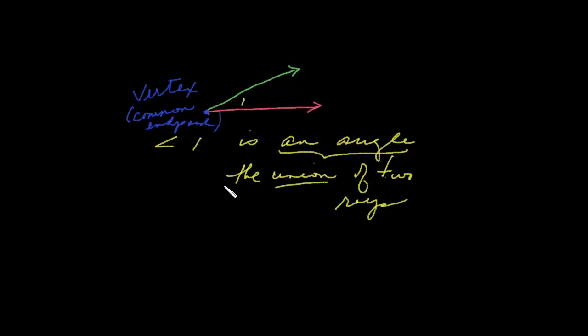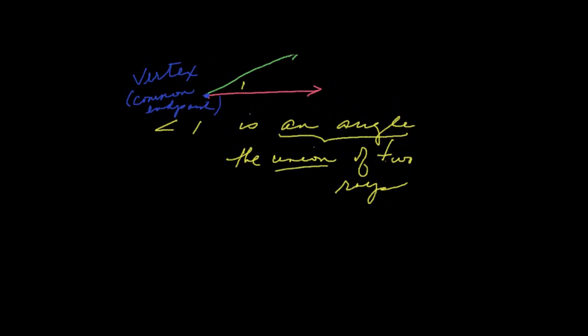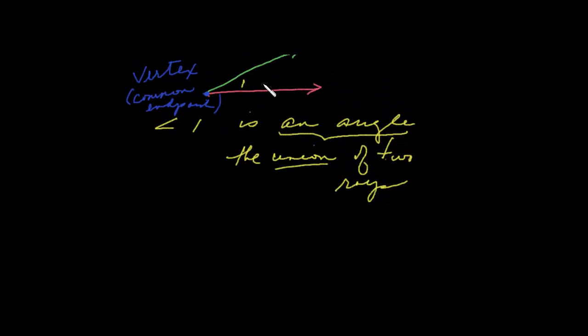So an angle is the union of 2 rays, and more often than not, let's draw another angle. Let's go ahead and use the same angle 1 here, because we can name this angle 1, or another choice would be to name the angle using 3 points. We're going to make these points a little larger and distinctive so we can identify them.